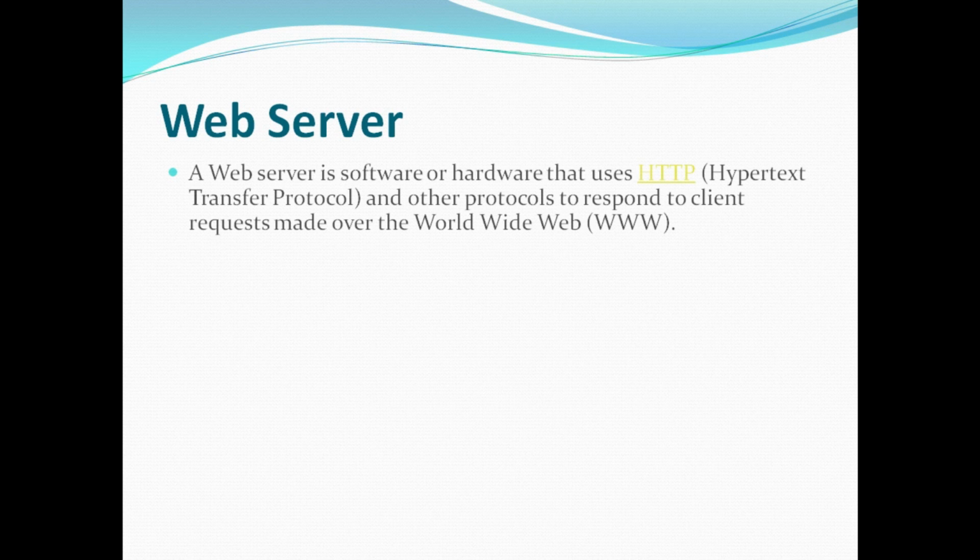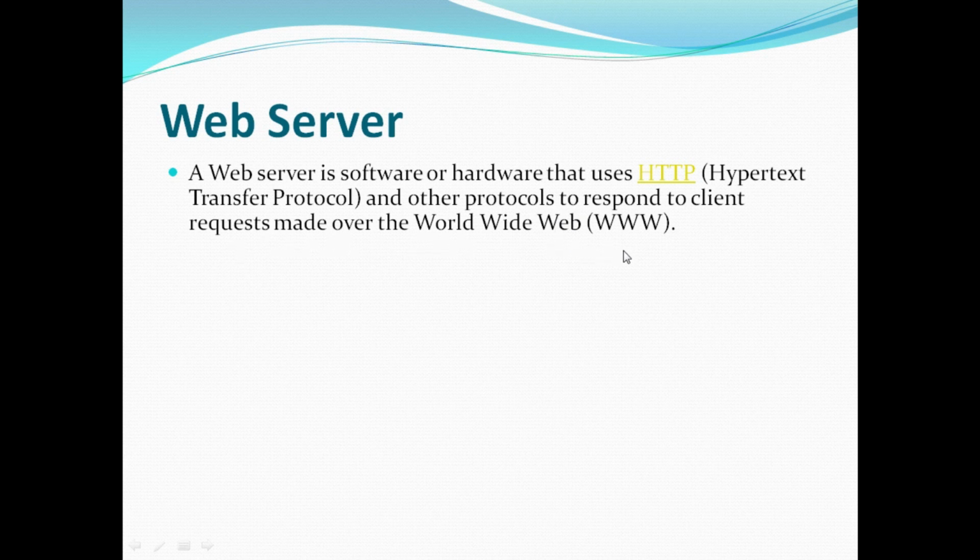So what is a web server? A web server is software or hardware that uses HTTP, hypertext transfer protocol, and other protocols to respond to client requests made over the World Wide Web.